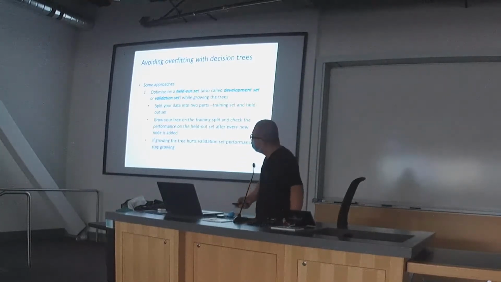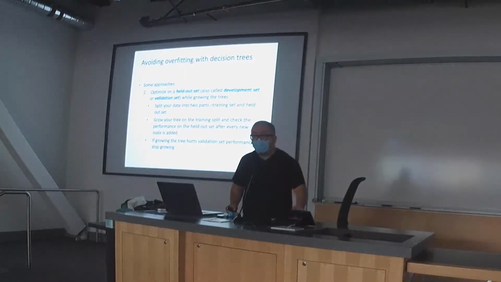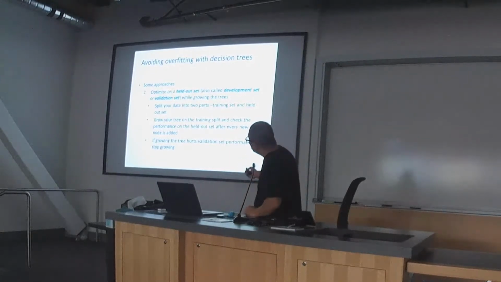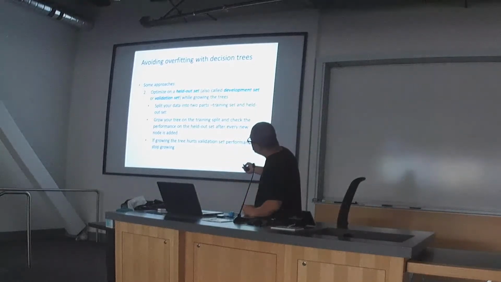A second approach is that I'm going to dynamically determine if I will keep growing or stop here. Right? So how can we do that? I split the training data. I find a separate set which we call the held-out set. And then I run my decision tree learning on the remaining training set.